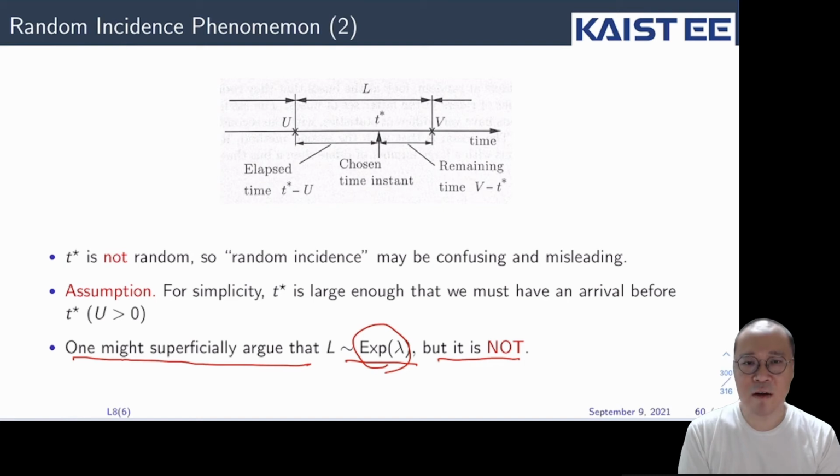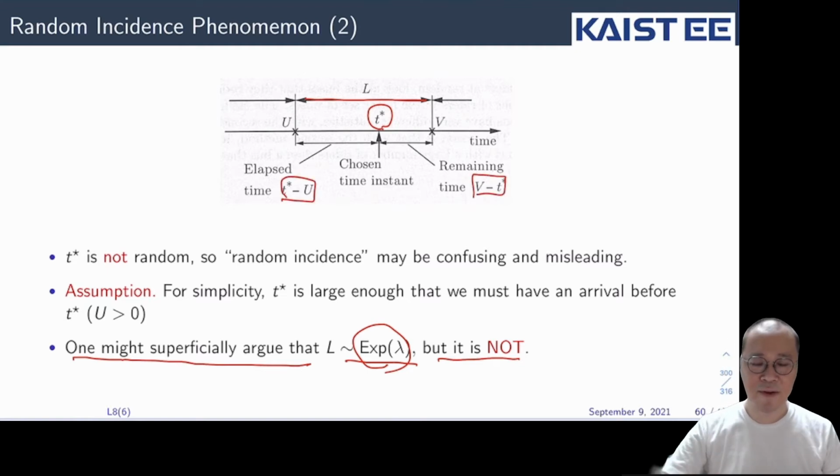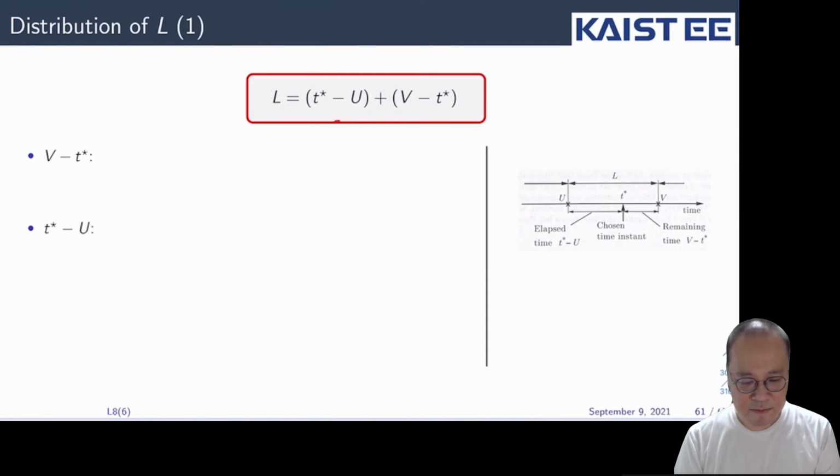We're going to talk about why it's not. To talk about the distribution of L, we're going to divide it into two intervals around T star. So L is the summation of T star minus U and V minus T star.